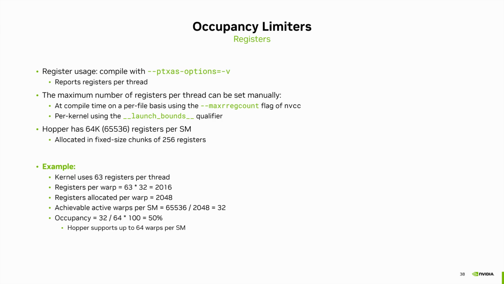Okay, so we know that for this particular GPU we're looking at, the Hopper GPU, we have 64K registers per SM. Okay, so how many active warps can we have based on this register file size? We just divide 64K by 2K and we get 32 warps, okay? The theoretical maximum though for Hopper is 64. So for this particular kernel, we can only achieve 50% occupancy.